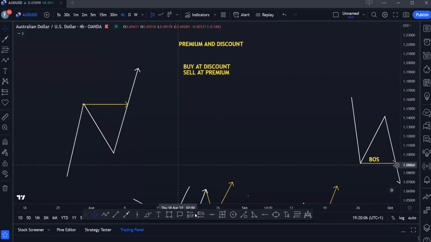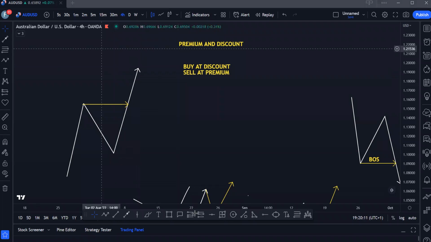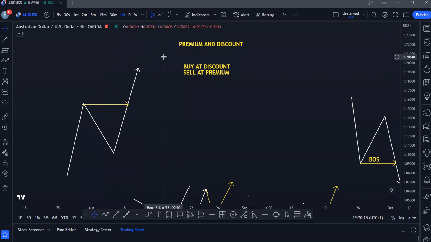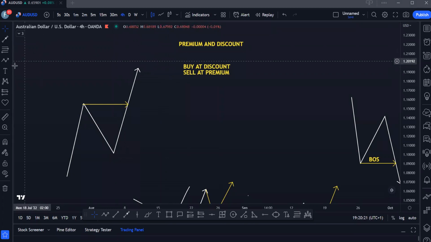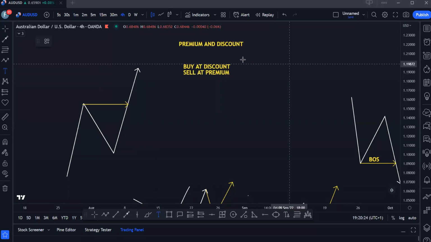There is a zone where you should be looking for buys, and that zone is called the discount zone.